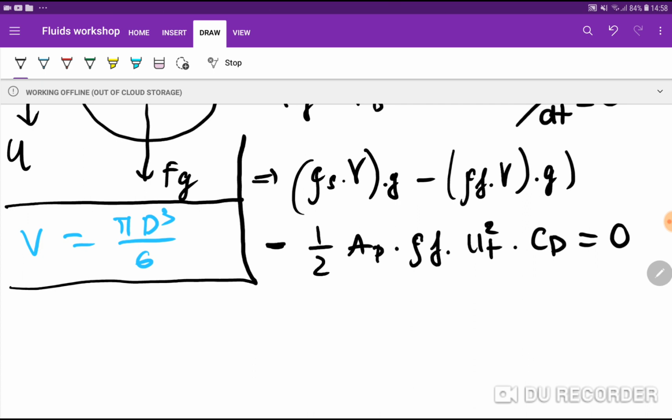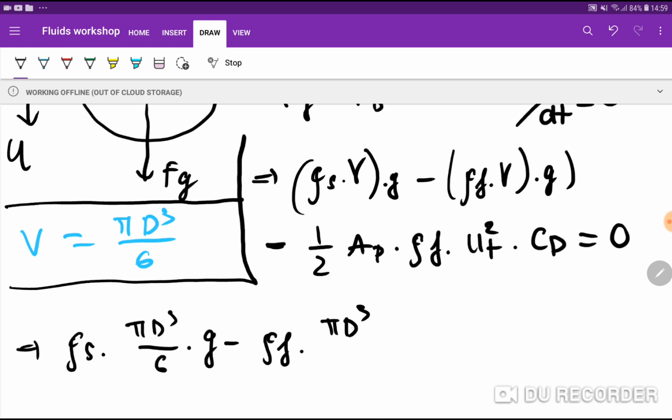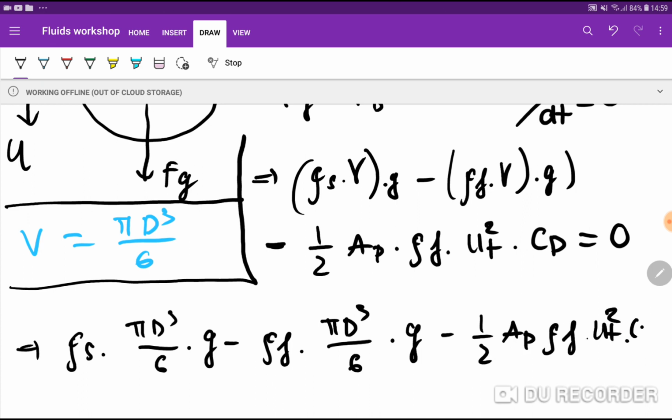You can rewatch the first video if you want for clarification. You plug this V in here, so you get rho s times pi d cubed over 6 times g, minus rho f times pi d cubed over 6 times g, minus 1/2 Ap rho f times ut squared times Cd, equals 0.